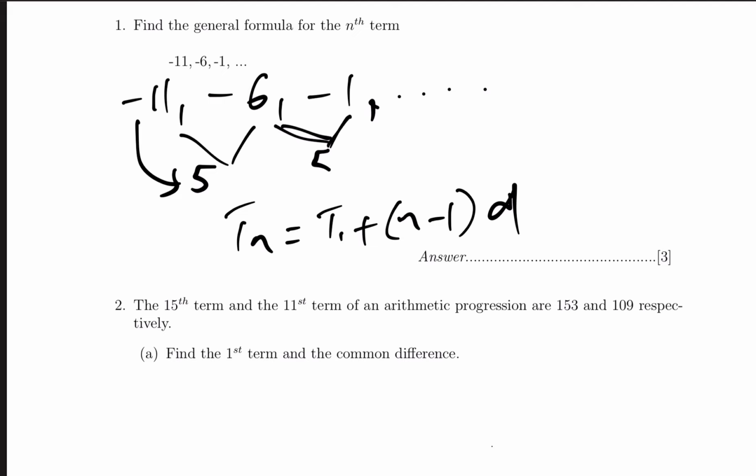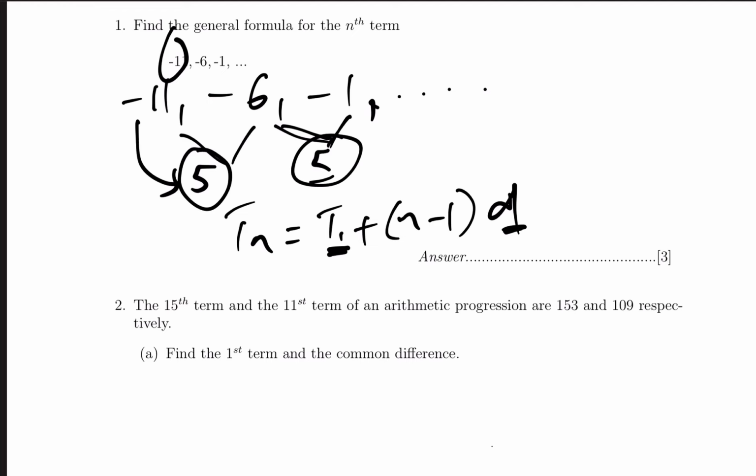So this is the general formula for finding the nth term for an arithmetic sequence. The T1 here denotes the first term of the sequence, meaning in our case the first term is negative 11, as you can see here, and d denotes the common difference, the consistent difference, which is 5.